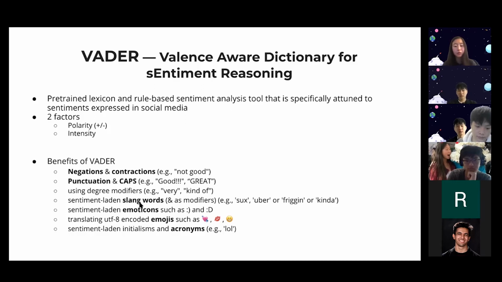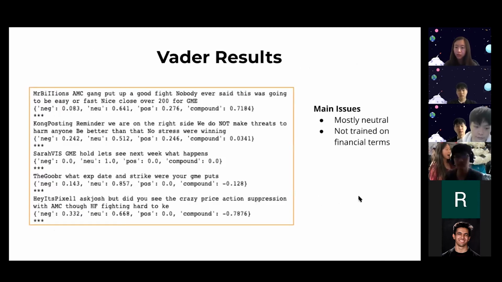And then with slang words, emojis, emoticons, and acronyms, those typically only show up in social media. But since we're looking at those specifically, we figured Vader would be a very good choice to do sentiment analysis with.